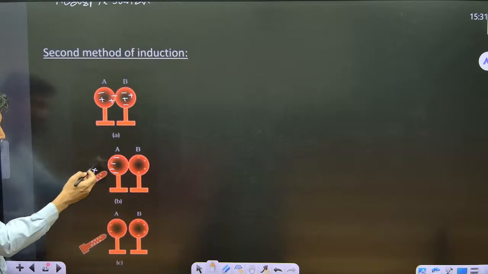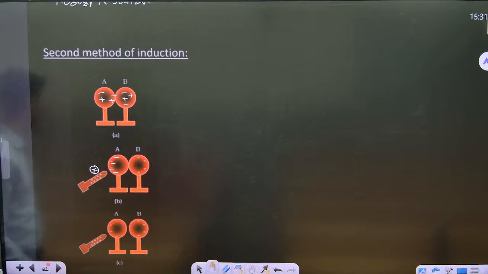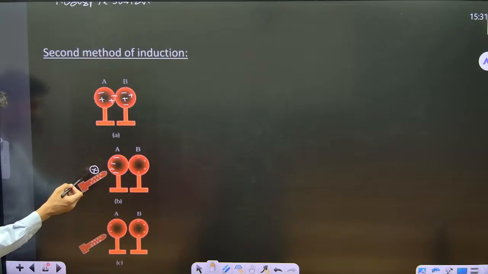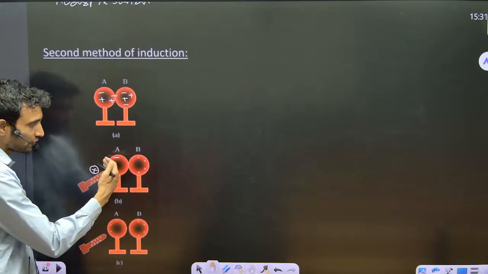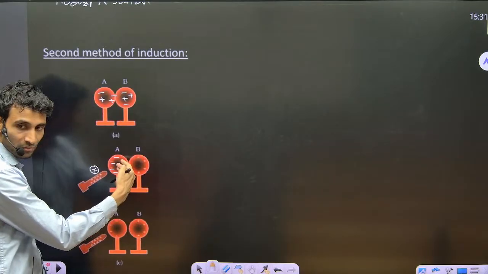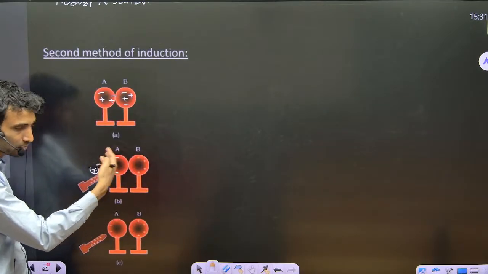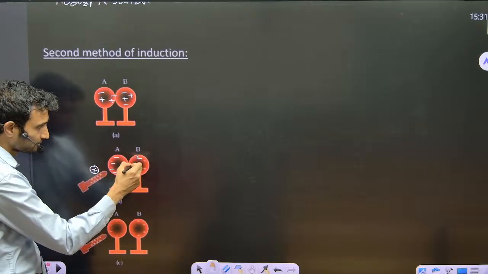Positive charge will get repelled. The rod is positive. Positive charge is going to attract negative charge or repel? Attract. So what is it going to do to the positive charges? Repel. So the positive charge of this object will go on which sphere? A sphere or B sphere? Very good.